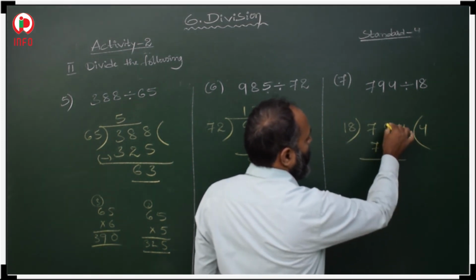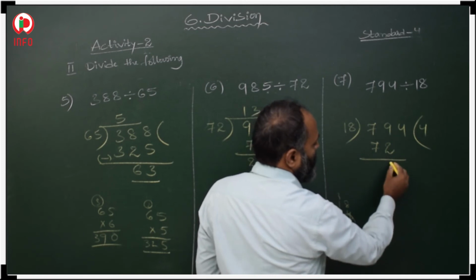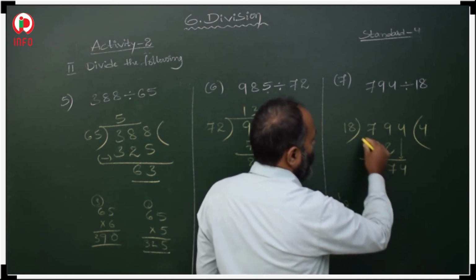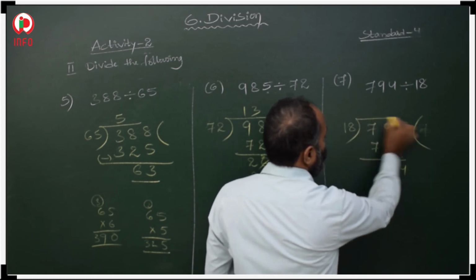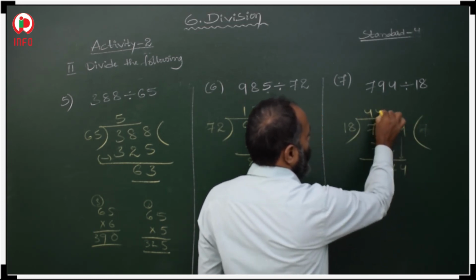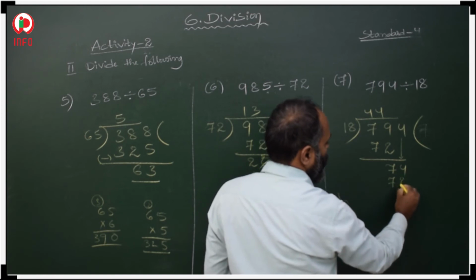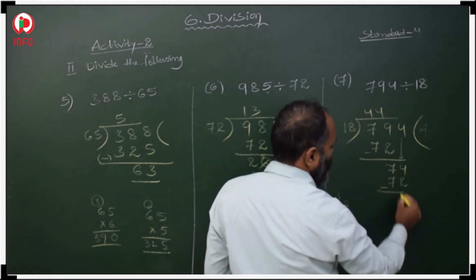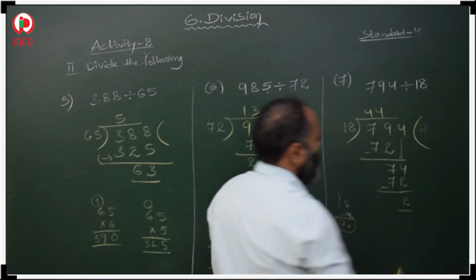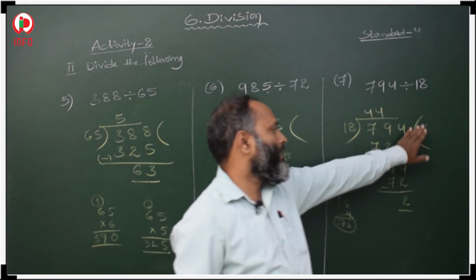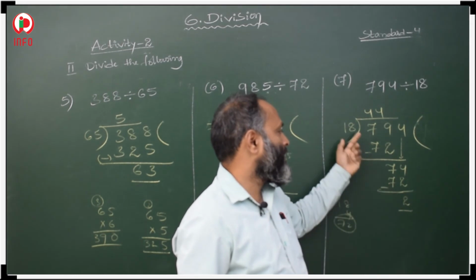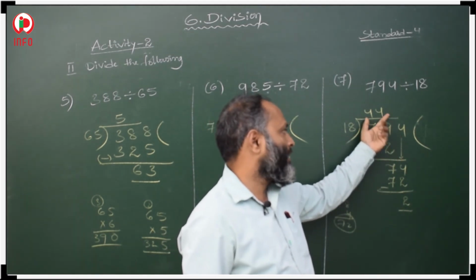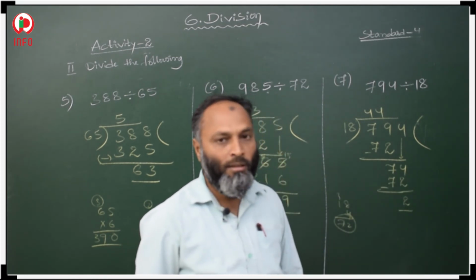Then 9 minus 2 is 7 and this 4 again. So don't take here, you take here in your quotient. Again 18 fours are 72. 4 minus 2 is 2, 7 minus 7 is 0. Then this is your remainder, this is your divisor, this is your dividend and this is your quotient. Okay.